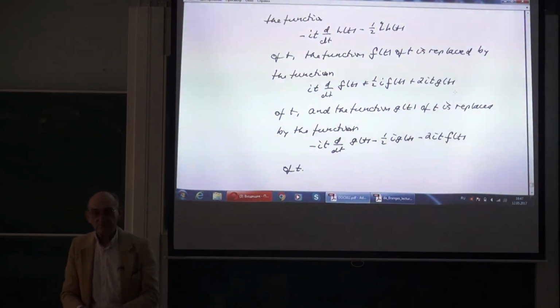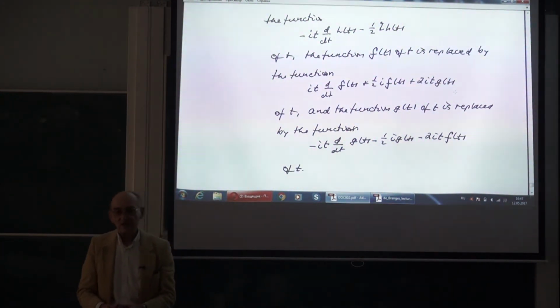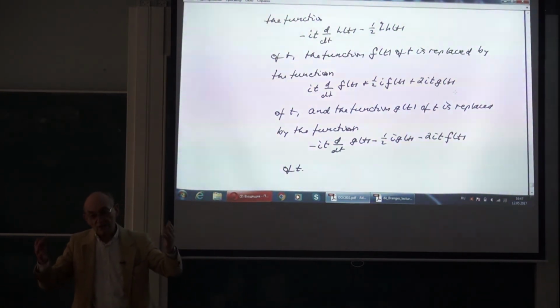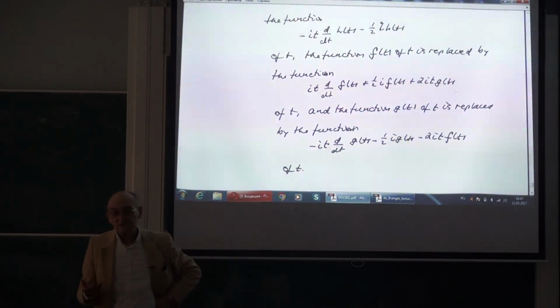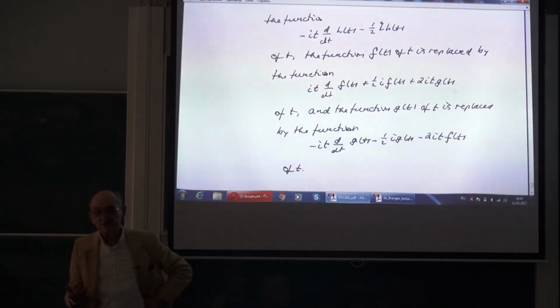Now, people in physics and applied mathematics, they believe that it's possible to go backwards, but they just assume that it is so, and it's not. There's a theorem. In fact, it's my theorem that there is a unique inverse problem.